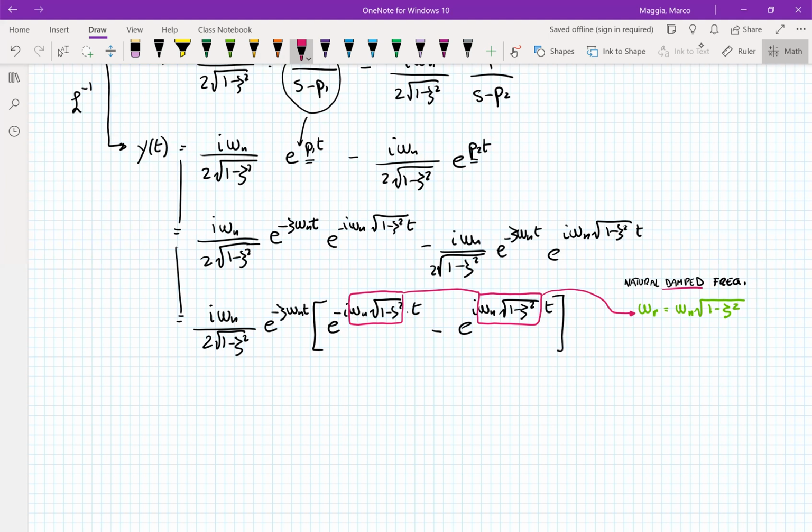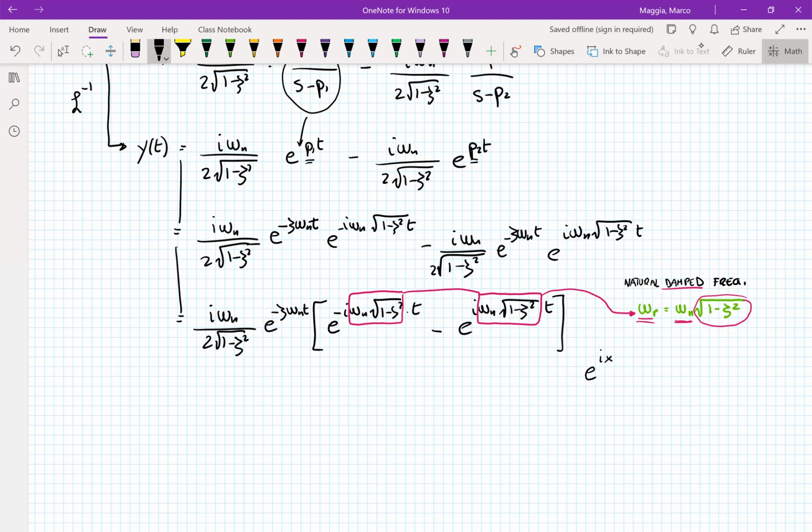So omega r is equal to omega n times a factor that depends on the damping ratio zeta. And this is the natural frequency of the system, omega r, when the system is damped. So now, not only are we going to substitute omega r to make things a little bit easier, but we're also going to apply Euler's formula.